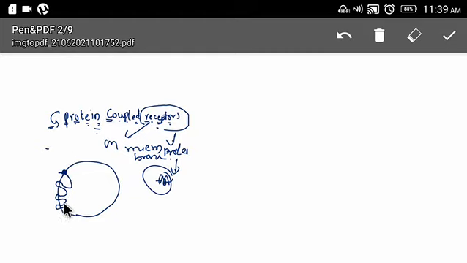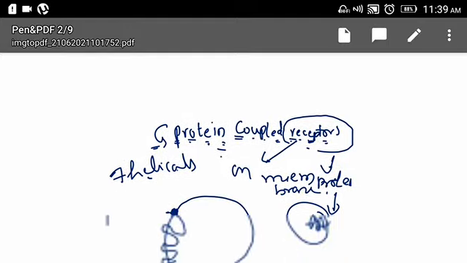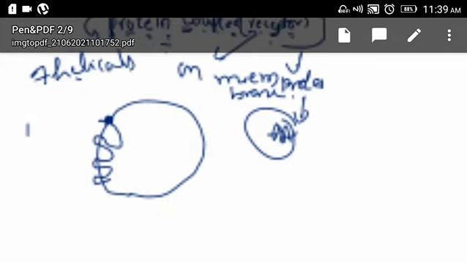Let's understand the number of loops it has. It has almost 7 helicals: 1, 2, 3, 4, 5, 6, 7. Let's zoom in.